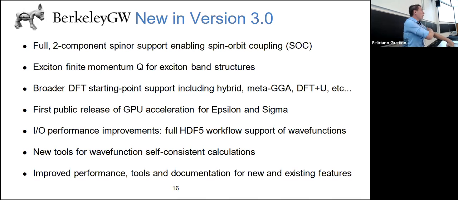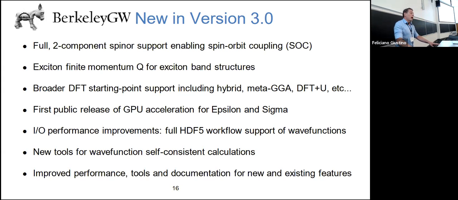We have also introduced for the first time the GPU support, especially for the Epsilon and Sigma modules, which is going to be completed in the next release, 4.0, sometime at the end of summer. And we have streamlined the IO workflow by moving completely to the high performance HDF5 library, which allows you to improve by an order of magnitude the IO requirements for the entire workflow.